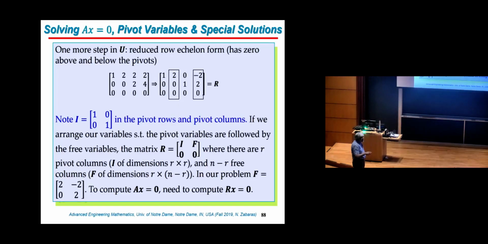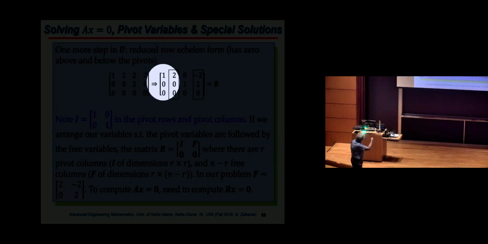So if you want a particular solution to Ax equal to b, you don't have to do anything because the solution is directly the vector b on the right-hand side. Because on the left, you multiply with the identity matrix.